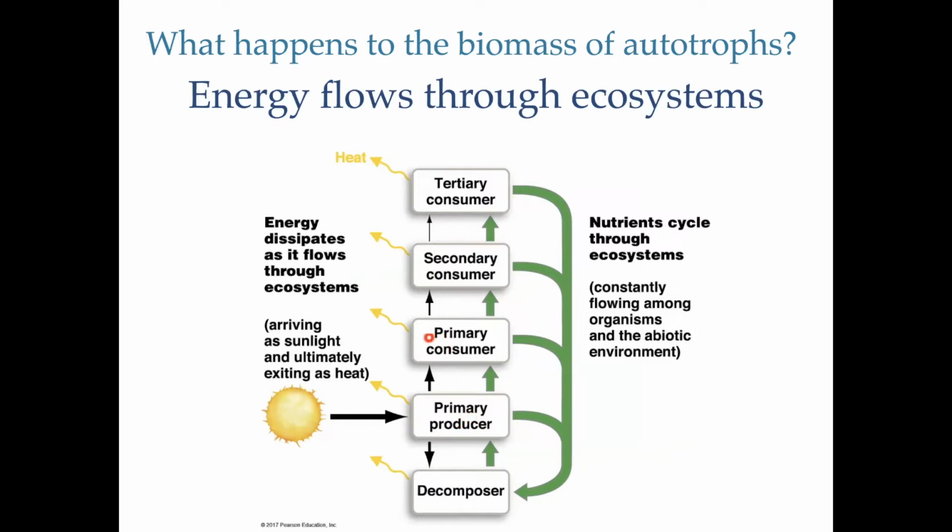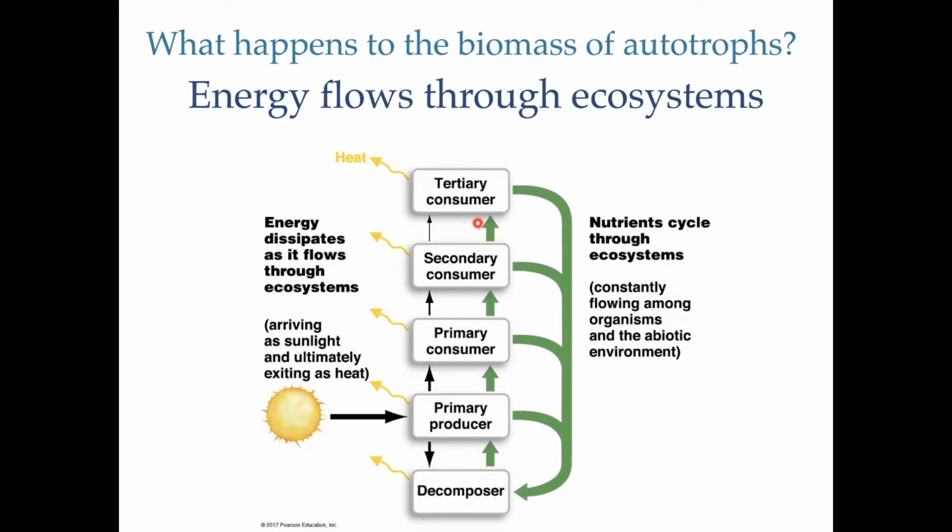As we move up in trophic levels, we are going to see that the energy that we have is decreasing. In each of those levels, as the energy passes, some is going to be lost or dissipated through the ecosystem in the form of heat.